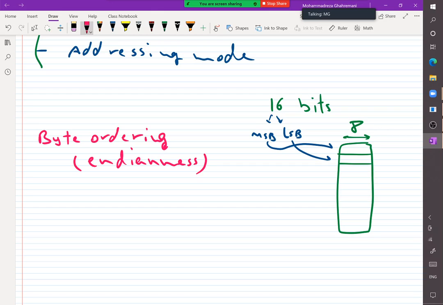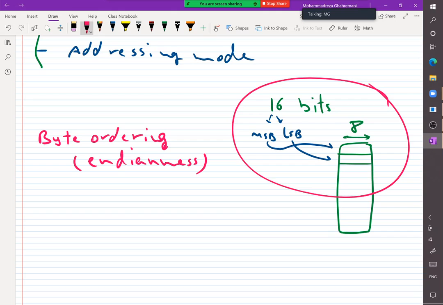If we have 2 bytes, as I explained, the 16-bit integer number can be stored so that the least significant byte is followed by the most significant byte, or vice versa. Okay, exactly as I explained.